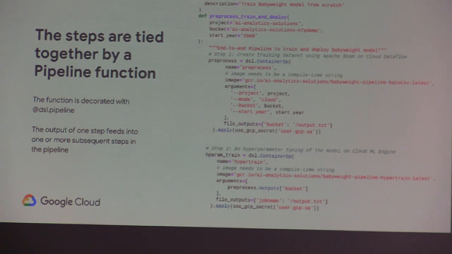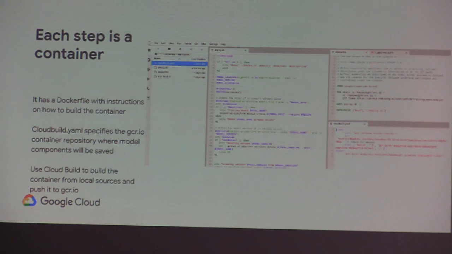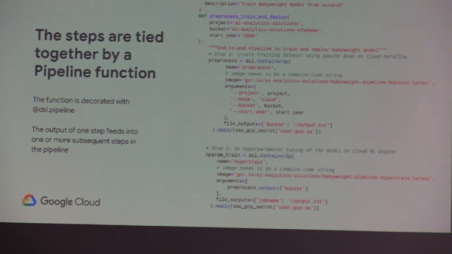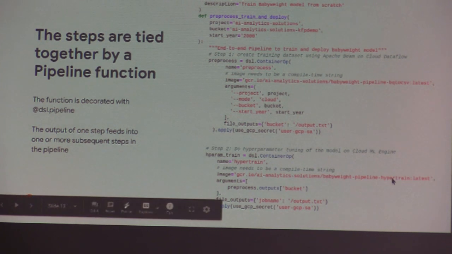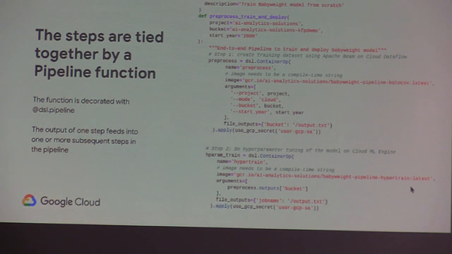So basically I wrote, right, each step is a container. I wrote the code for that container, and then I basically tied them together with that pipeline function, pre-process, train, and deploy, right, where that was the first step, the hyper trained is the second step, and so on. So I have a container for each of my steps, and that Python function captures the pipeline.